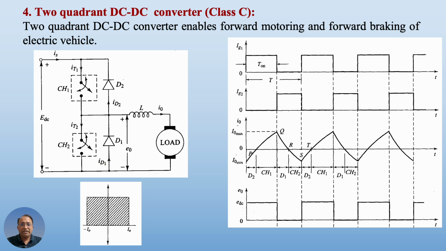Further, let us say at point Q, CH1 will be turned off. The energy stored in the inductance will force the load current to flow through diode D1, and this will happen until the voltage across the inductor, having this particular polarity, becomes equal to the back EMF induced across the motor.